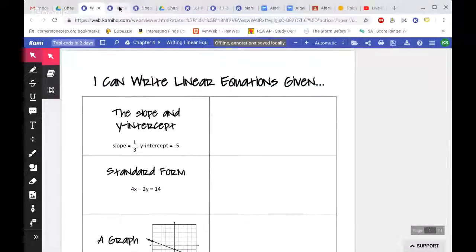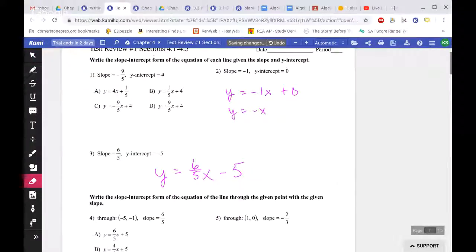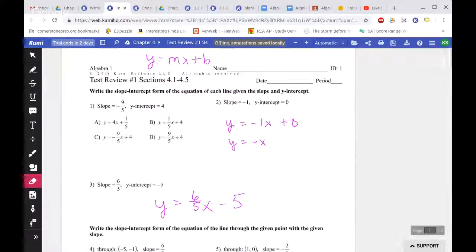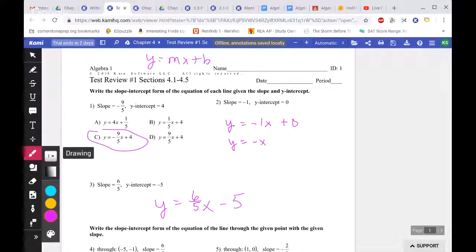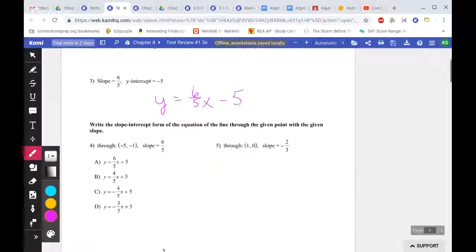But I knew without me there that it would be difficult to go through all the test review. So for yesterday's classwork, those are the answers to the first 3.